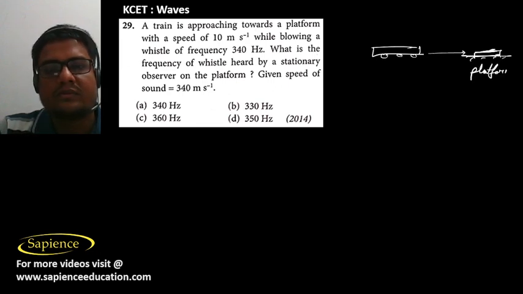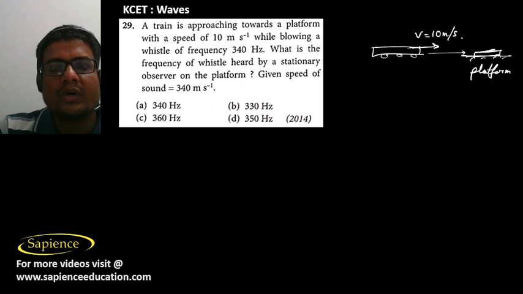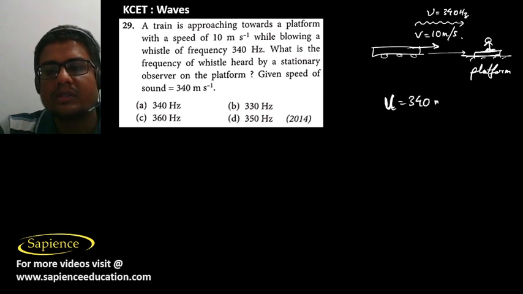The train is approaching with a speed of v, that is 10 meter per second, while blowing a whistle. The whistle is blown with a frequency nu, that is equal to 340 hertz. What is the frequency of the whistle heard by a stationary observer on the platform? And the given speed of sound u is 340 meter per second.